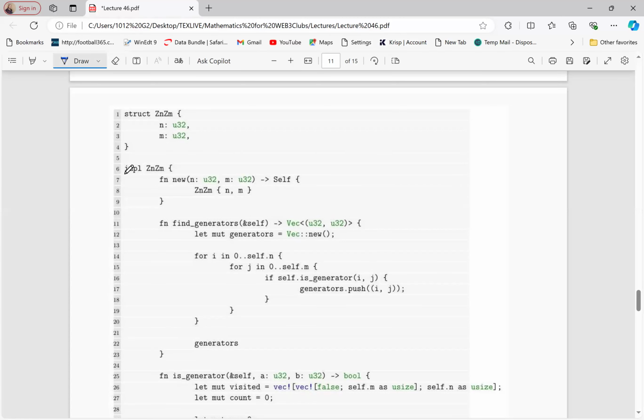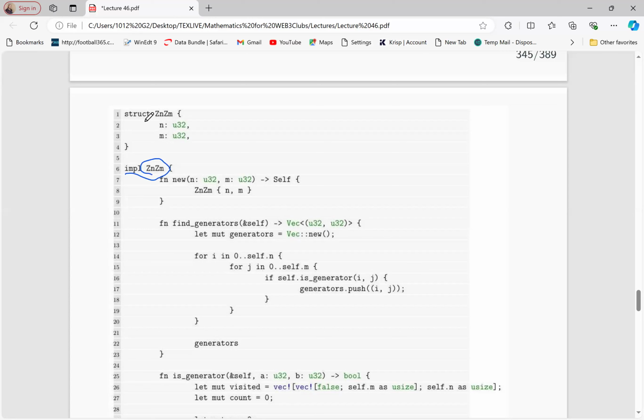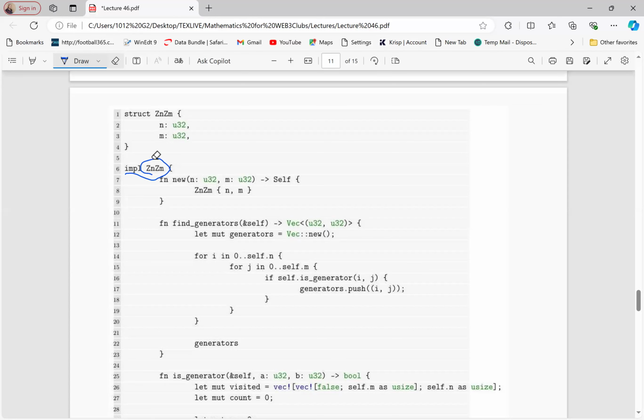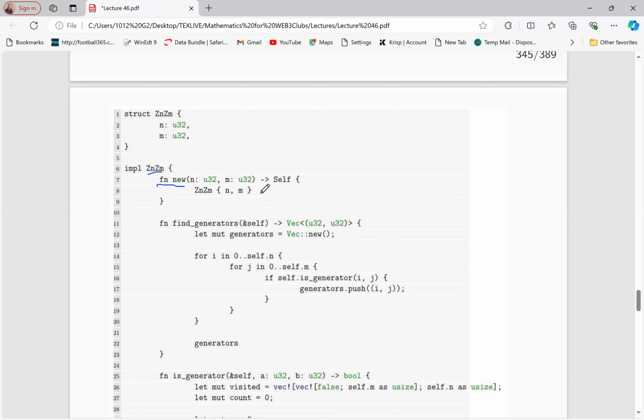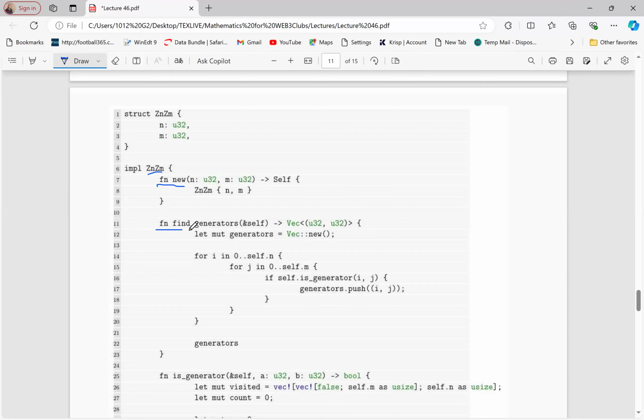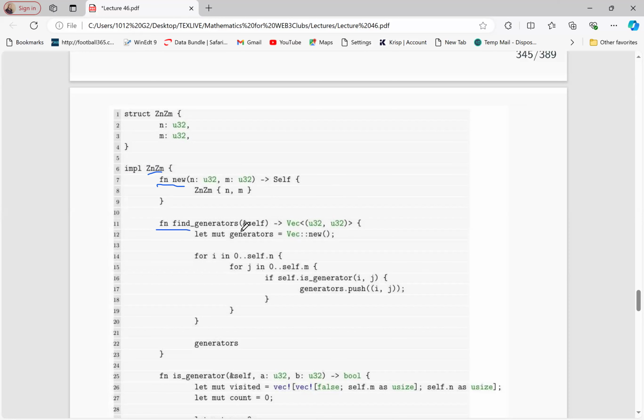Now I have this part to implement Zn, Zm, and I've said Zn stands for our additive group Zn, and so this is the direct product. I've used this abbreviation, direct, standing for the direct product. Now I have this function, the one I've called find generators.